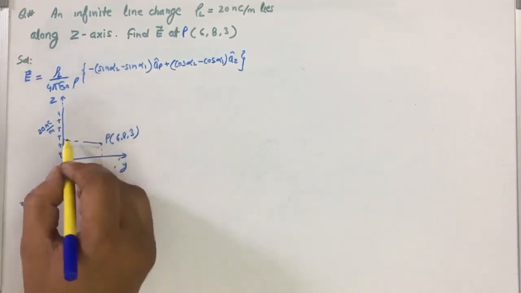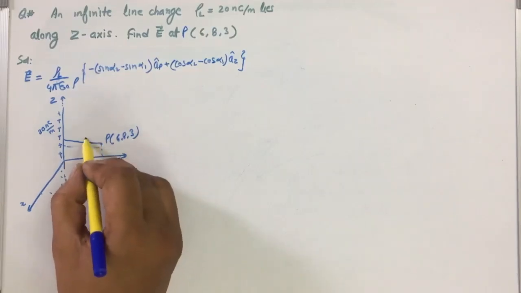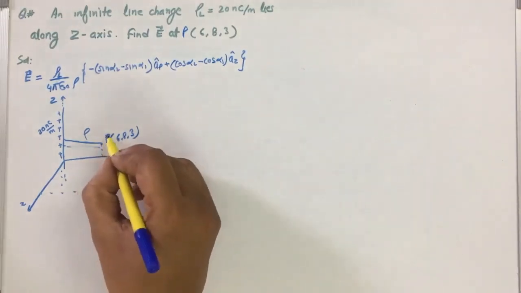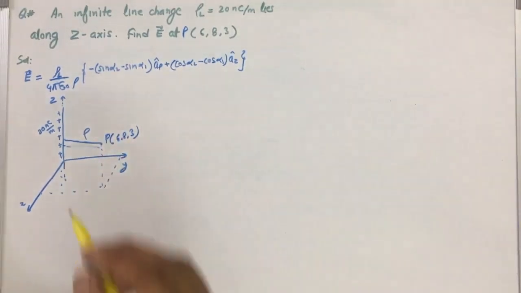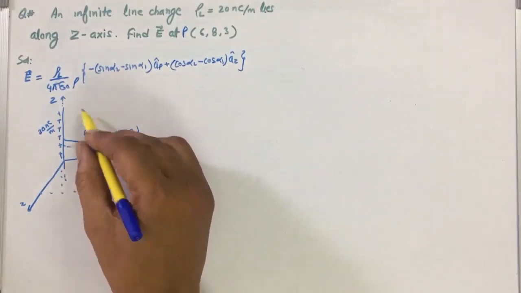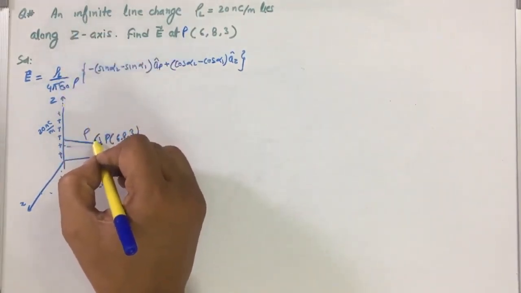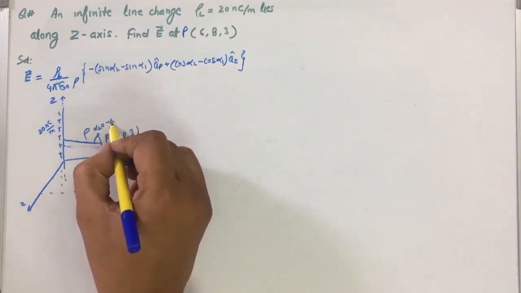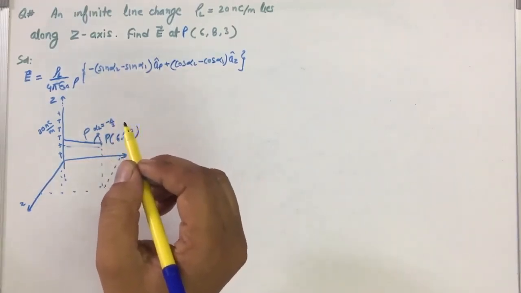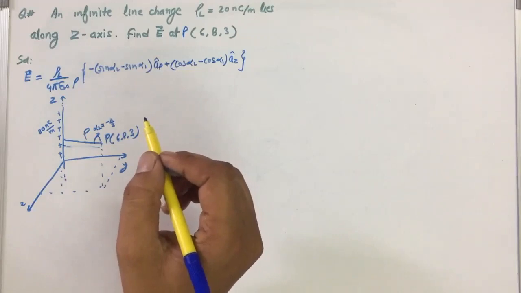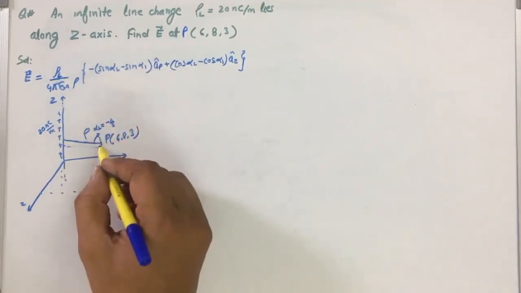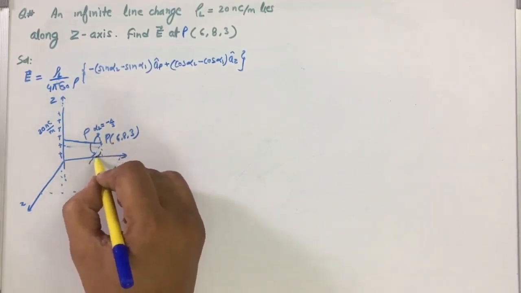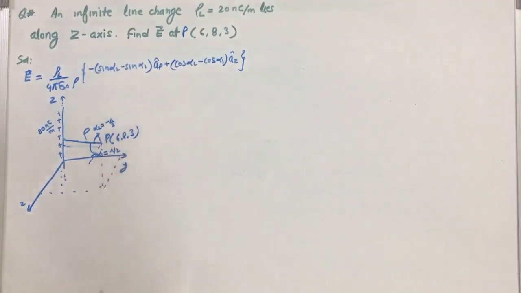This is rho, and this is point P. Since the line is infinite, this angle is alpha 2, that is minus pi by 2, because the assumption has been taken that the clockwise direction is negative, and at the minus infinite side it should be alpha 1, that will be pi by 2.